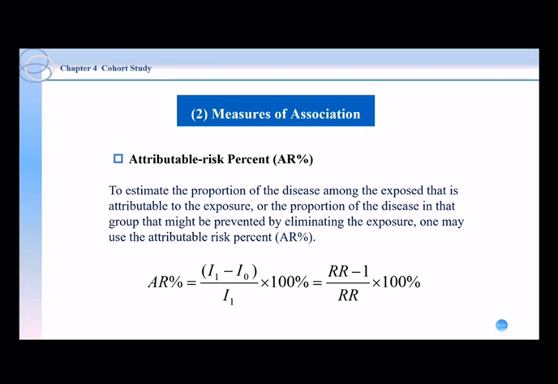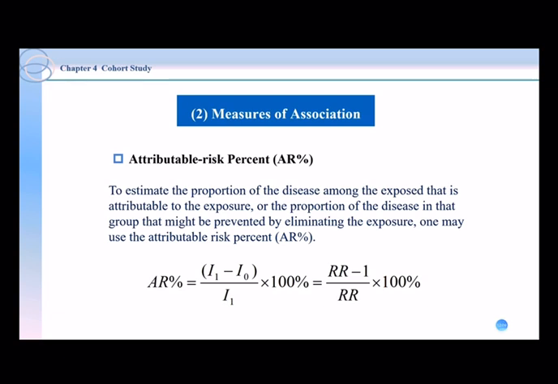And sometimes we also use this called attributable risk percent, AR percent. So this AR percent is to estimate the proportion of the disease among the exposed that is attributable to the exposure, or the proportion of the disease in that group that might be prevented by eliminating the exposure. So let's look at the formula. This AR percent equals I1 minus I0 divided by I1.